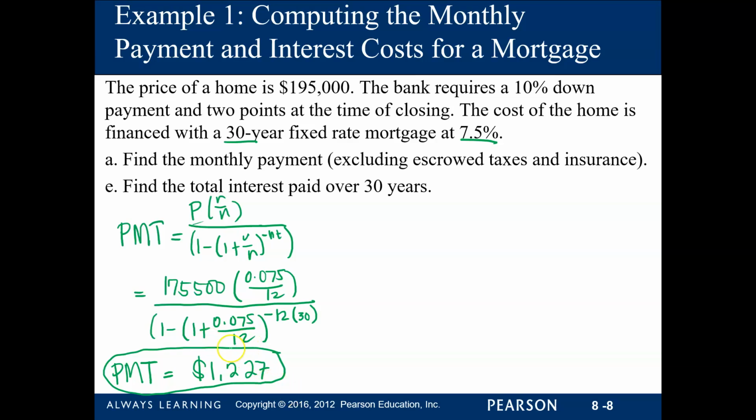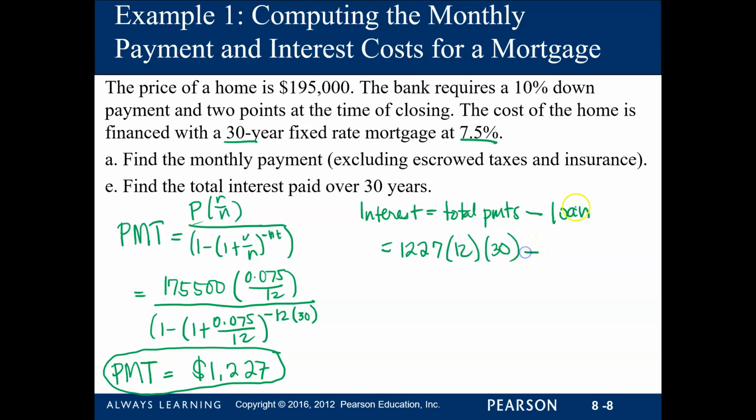So you are making payments, and right now this is almost like a payment for rent. How much is the total interest paid over the 30 years? Remember, interest is always total payments minus the loan. Our total payments are your monthly payment, 1227, times 12, for 30 years.